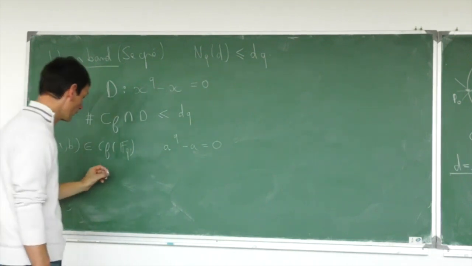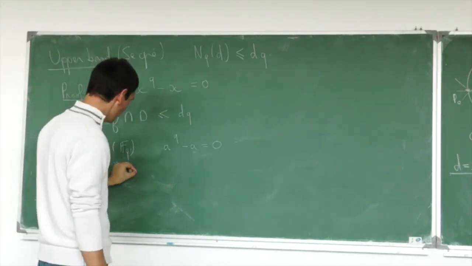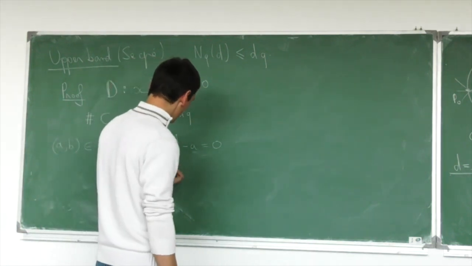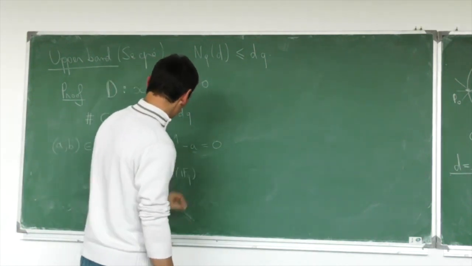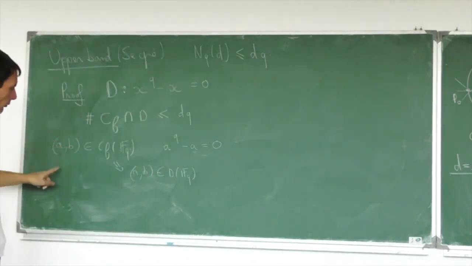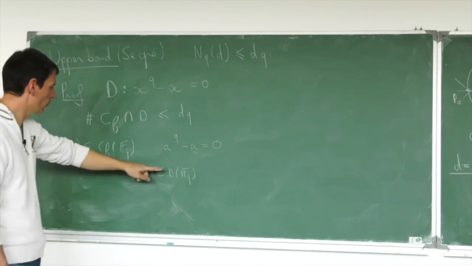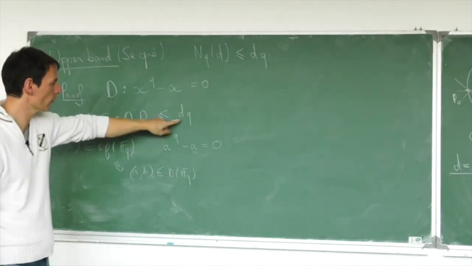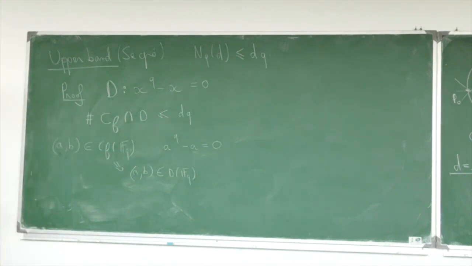So what I have just shown you is that the point (a, b) must also be inside D of Fq. So a point on CF is rational if it also belongs to D. So it has to belong to the intersection of these two curves, and we know that the number of points is smaller than D times Q.